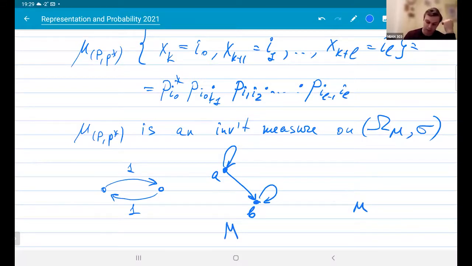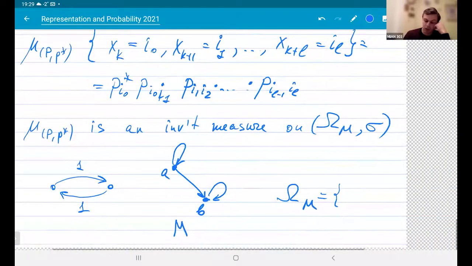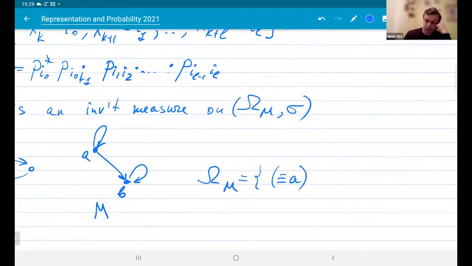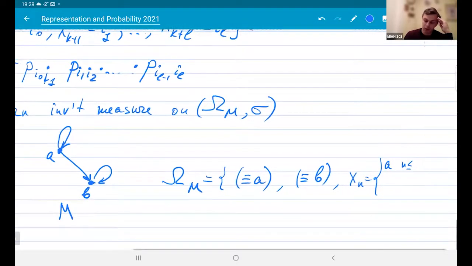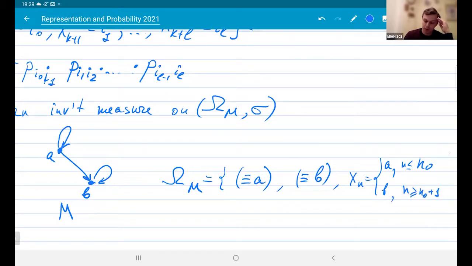Omega M is the set that contains the sequence that is identically A, the sequence that is everywhere B, and some sort of transitions. So we have x_n equals A for n less or equal to n naught, and B for n equal to n naught plus 1, and so on. So here are the sequences. It's just countably many points.